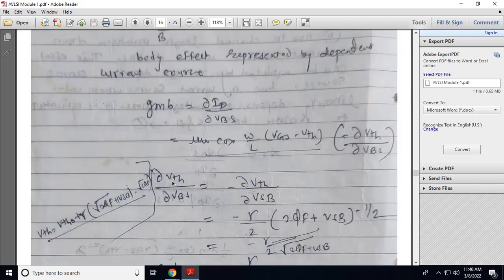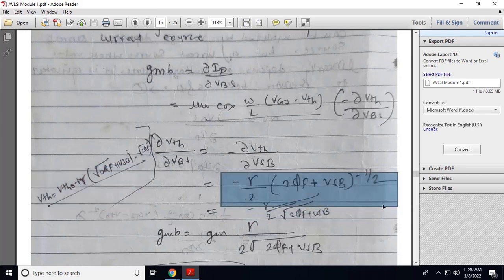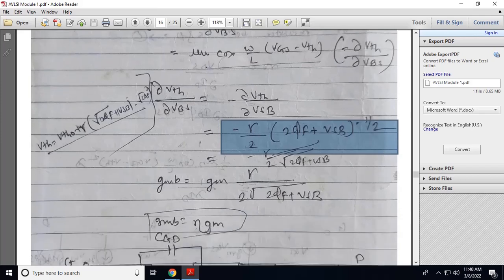So derivative of VTH with respect to body to source voltage is equal to minus derivative of VTH with respect to source to body voltage. So we can differentiate this equation. So we will get minus alpha by 2 into square root of (2 phi f plus VSB).